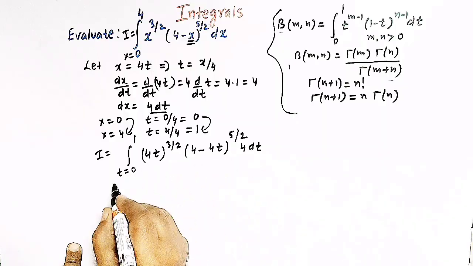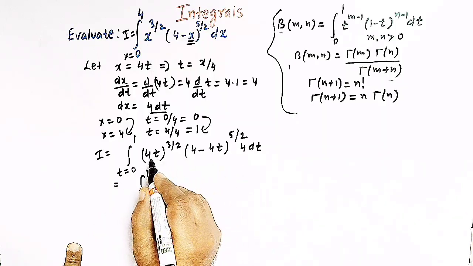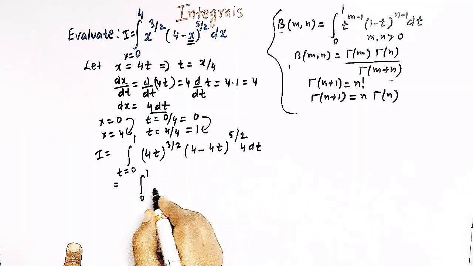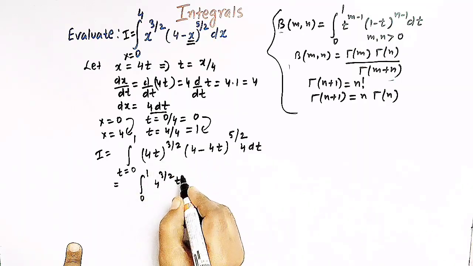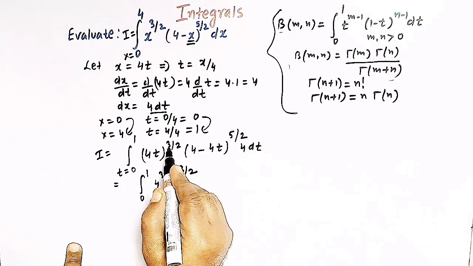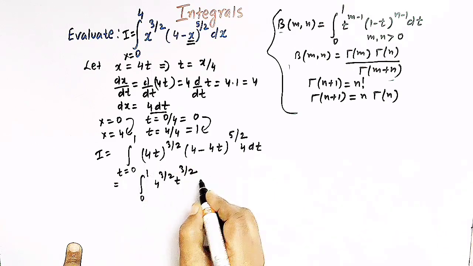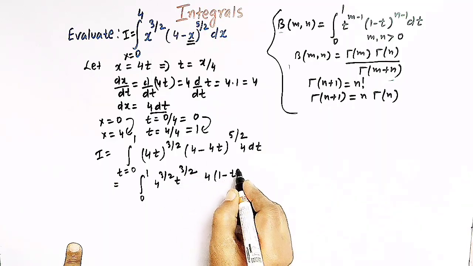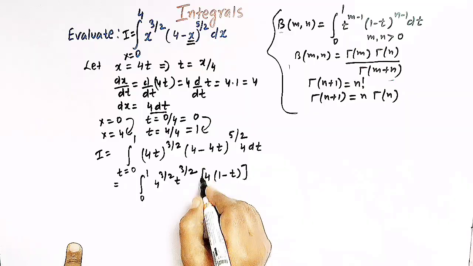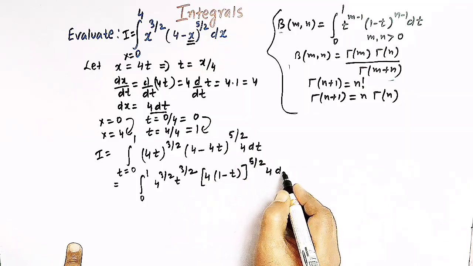Now let us arrange the terms and simplify this integrand. So we have 4 raised to 3 by 2, and then t raised to 3 by 2, distributing this power to 4 and t, and here we can take 4 common. So we have 4 times (1 minus t) raised to 5 over 2, and here we have 4 dt.